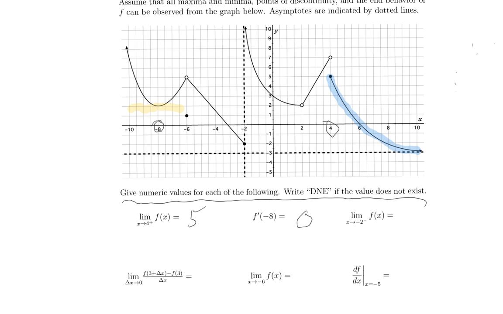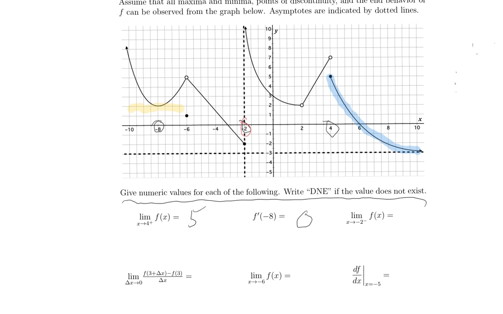Next, limit as x approaches -2 from the left of f of x. Once again, we first find where our -2 is, which we can see is right here. Let me highlight that in red. This minus means we're going to approach it from the left.